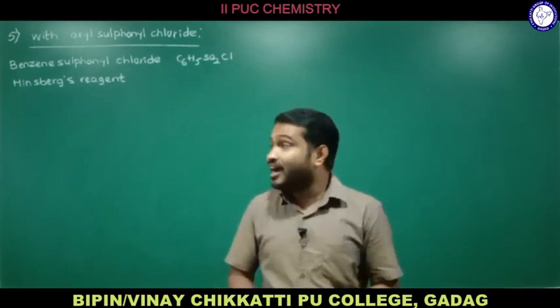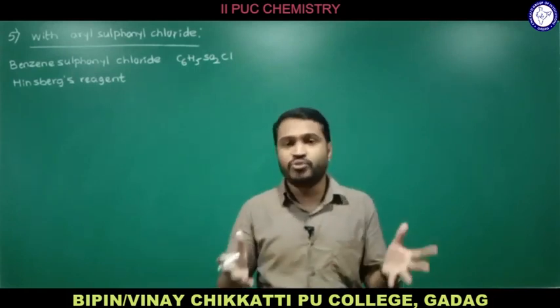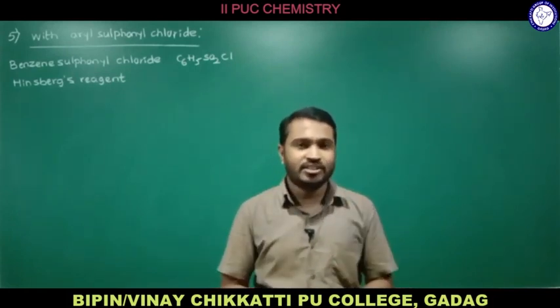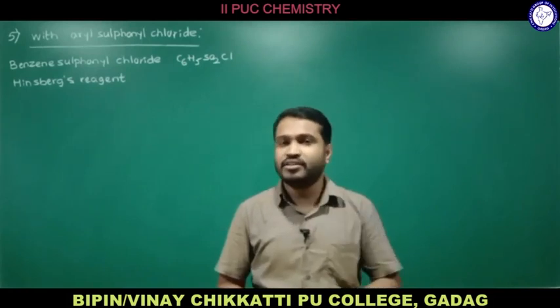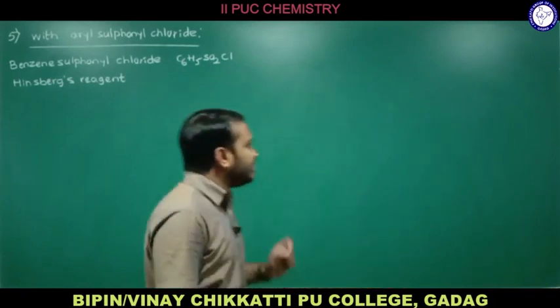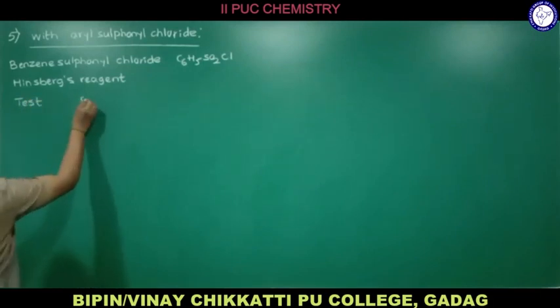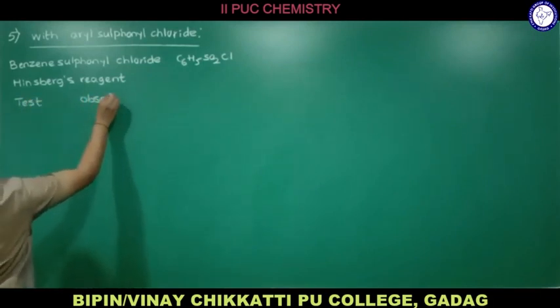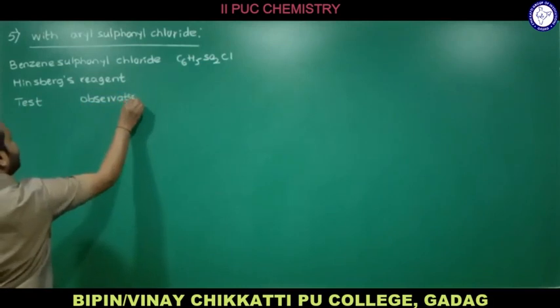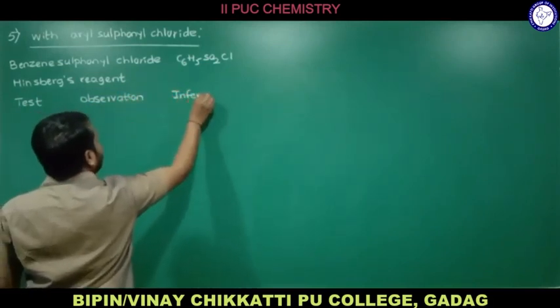Now we'll see how primary, secondary and tertiary amines are distinguished using one reagent, and that reagent is Hinsberg reagent, nothing but benzene sulfonyl chloride. Let me write it in a simple manner. In the first column I consider the test, in the second column the observation, so what we observe, and in the third column the inference, the conclusion you can say.